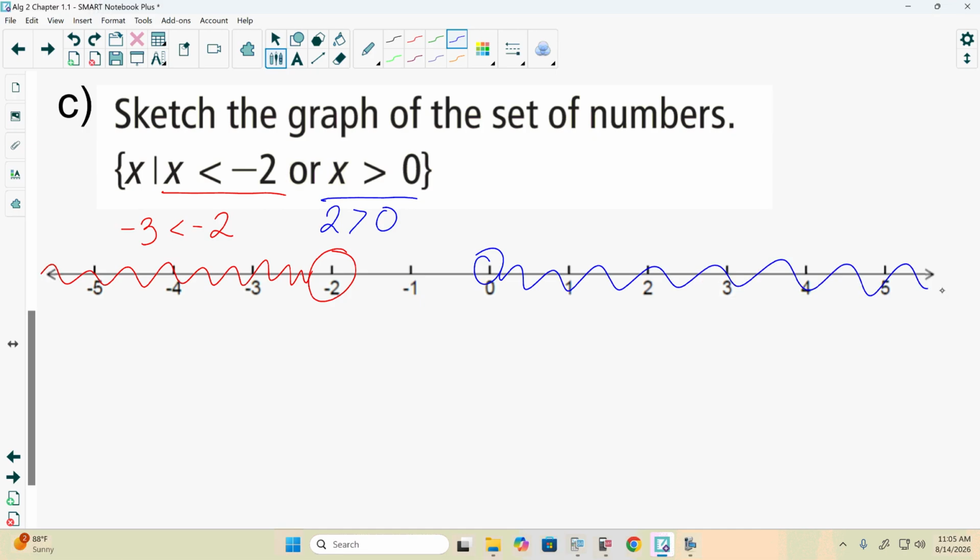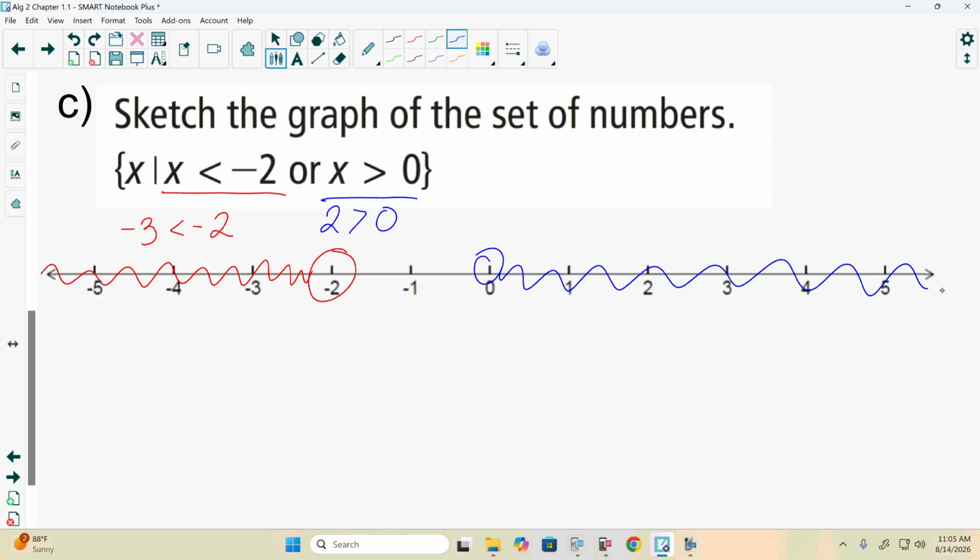That's it. Now, some of these do show up on the ACT. I don't know if they'll give them in set builder notation, but they do say graph the following inequality. Yes? The way I would tackle this, especially on the ACT, is based off the answer choices. One of those answers has to work. One of those answers has to be correct. Yes? If they're asking me to graph it, the first thing I look for are the points.